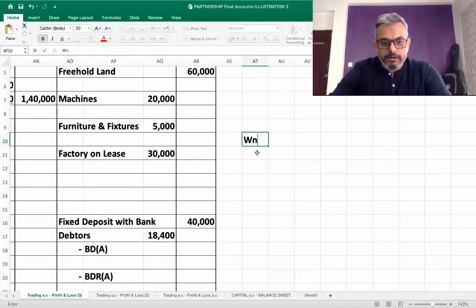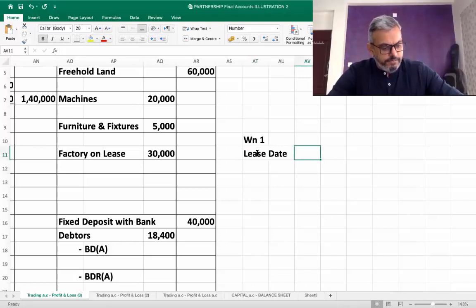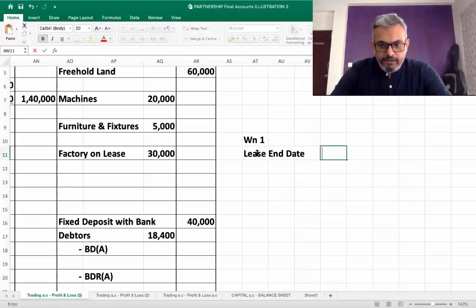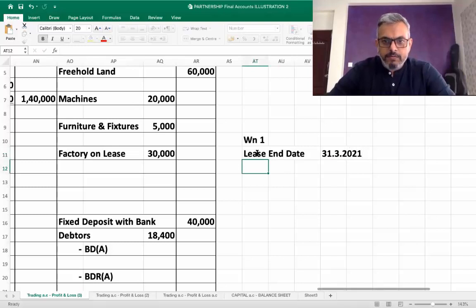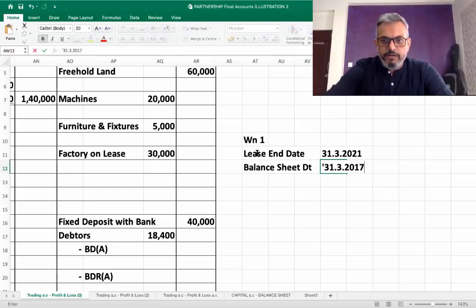Working note 1. Lease end date. The lease will end on 31st March 2021. Our balance sheet date is 31/3/2017.